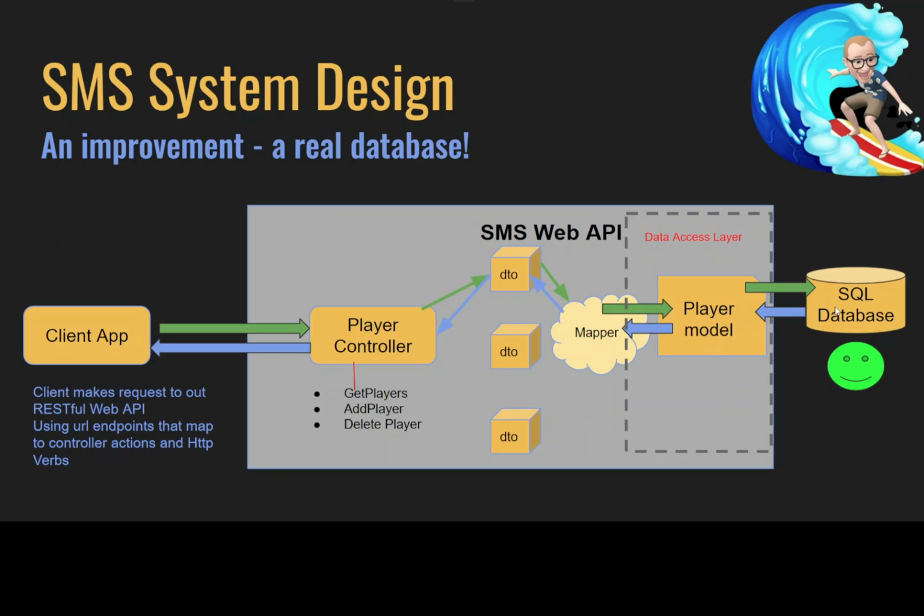What we need to do next is actually rewire things up to speak to this SQL database. So at the moment our code is still talking to our in-memory database. So what we need to do next is devise a data access layer that will allow our code to talk to the SQL database using SQL statements.